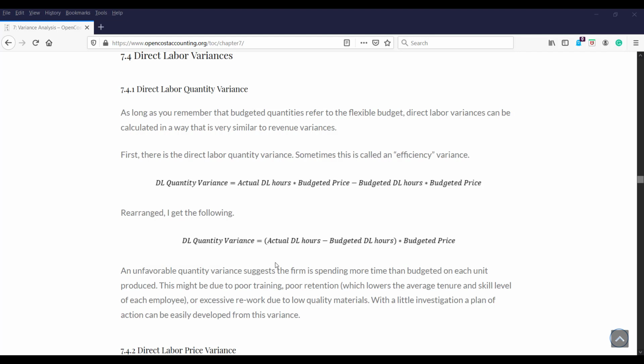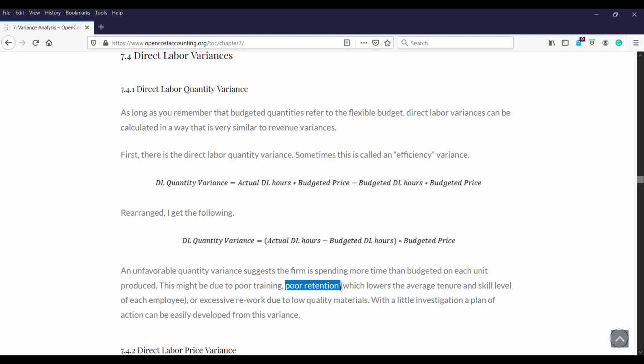So direct labor quantity variance, we can also arrange it algebraically to have just the difference between the hours that were used to produce those actual finished goods, all times the budgeted or standard price. So an unfavorable quantity variance suggests we're spending more time per finished goods unit than we would have expected, than is the standard. Perhaps our people don't know their jobs well enough, or their jobs have changed. This could be because of poor retention.